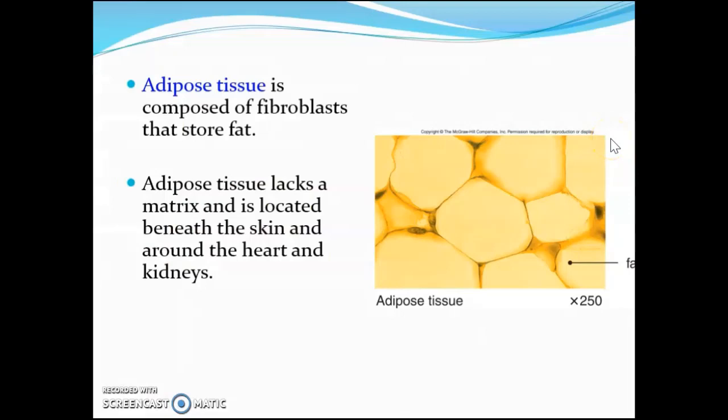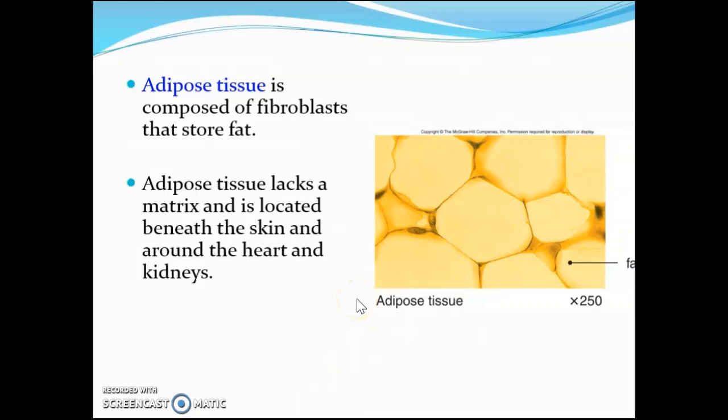The third type of connective tissue is the adipose tissue. Adipose tissue is composed of fibroblasts that are able to store fat. Adipose tissue is usually found beneath the skin, around the heart, as well as around the kidney.